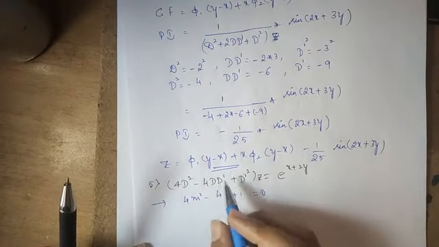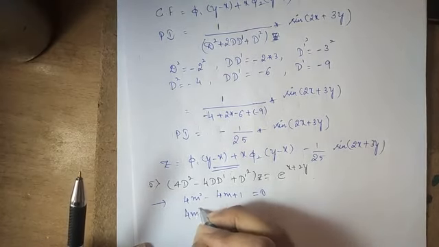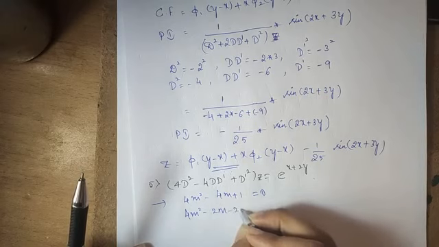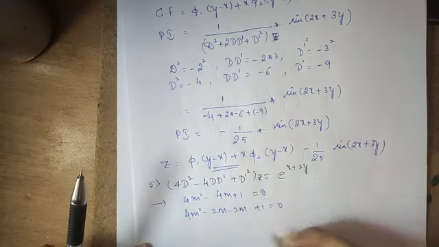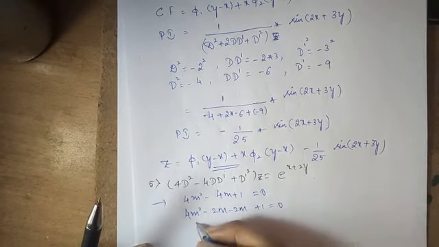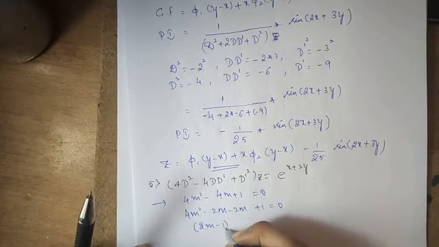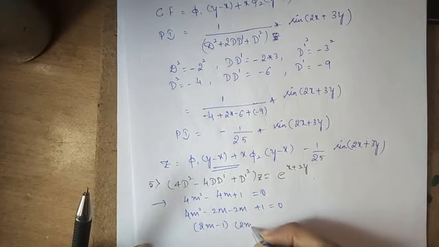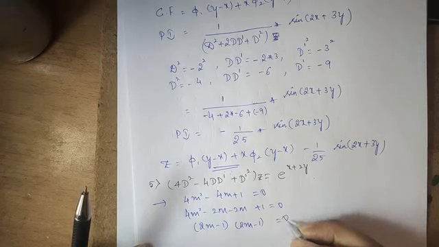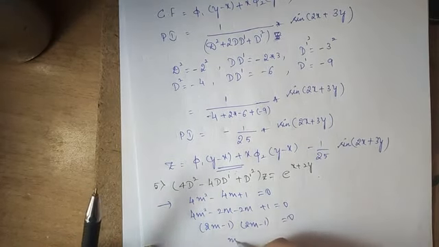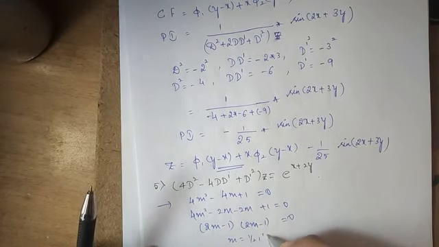I can write this as 4m square minus 2m minus 2m plus 1 is equal to 0. So if I factorize this, I will get 2m minus 1 into 2m minus 1 is equal to 0. So m will be half, half.